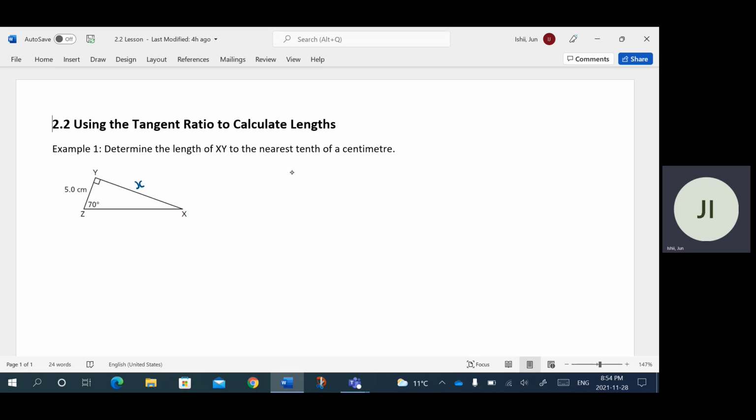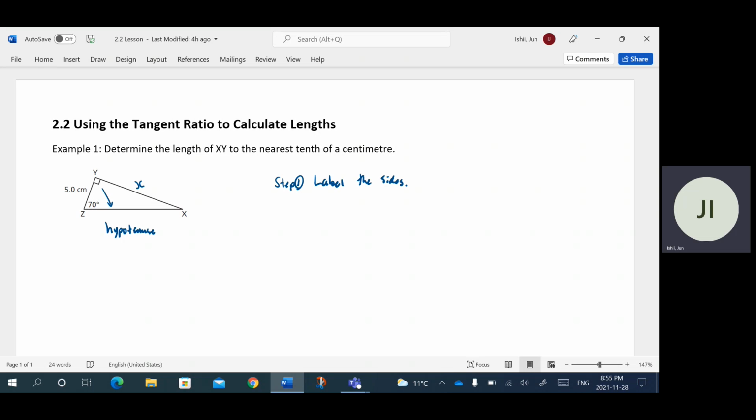So to find the length of x, our first step is the same as it was in the previous lesson, where we label the sides. The side that I like to start off with is the side across from the right angle, which is our hypotenuse.